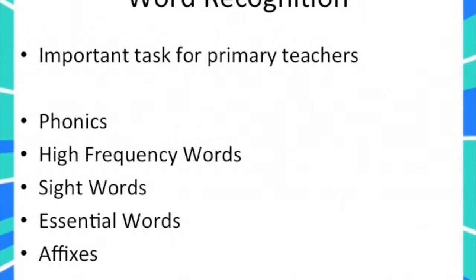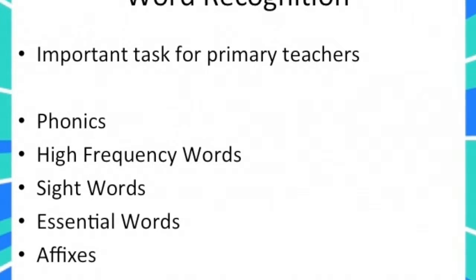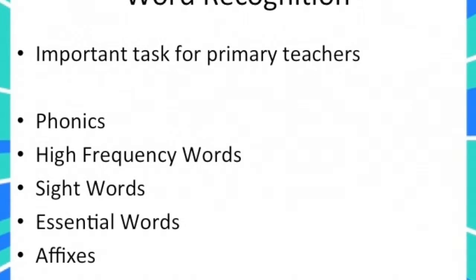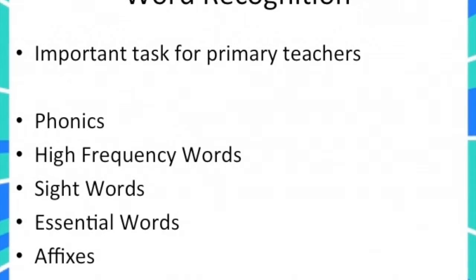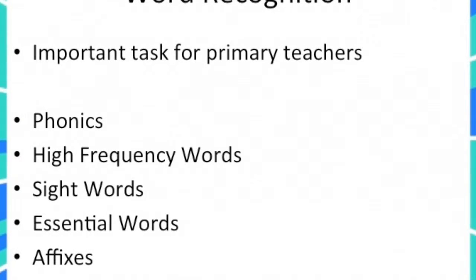And I just want to take a quick moment. Often these two terms are used interchangeably. They're not the same. High frequency words are those words that most often show up in the English language as we're reading. It's very important for students to know those words because they see them so frequently. Sight words are the words that students automatically recognize when they see them and are able to read them.